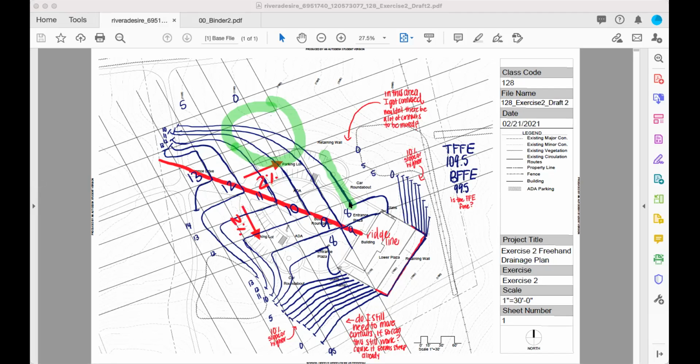Another thing I went over with Tuesday's group is to always try to connect with existing contours to minimize the movement of the contours. So for instance, if you can connect back to original contours from somewhere in this area, then try to achieve that instead of going back to the road.